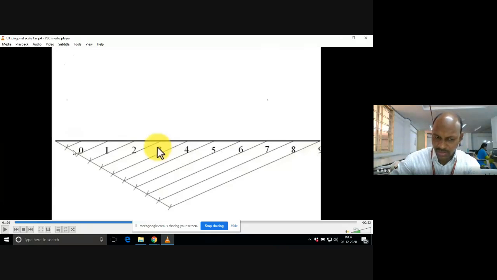What about the 10th kilometer? I have kept it intentionally to the left-hand side of the 0 mark because I need to subdivide it again. Is it clear, or any doubts till now? This is common for both the plane scale as well as the diagonal scale up to this point. Any doubt till now?